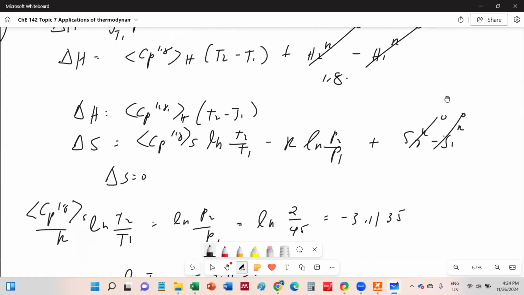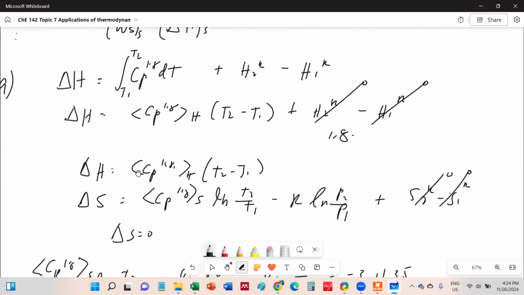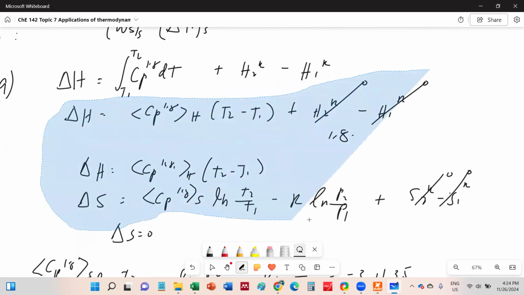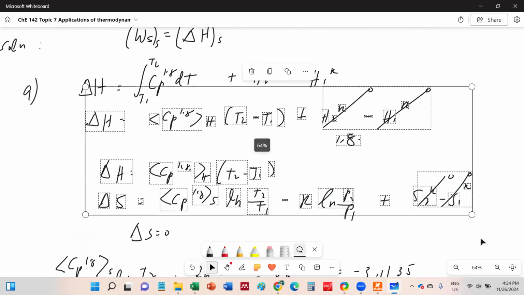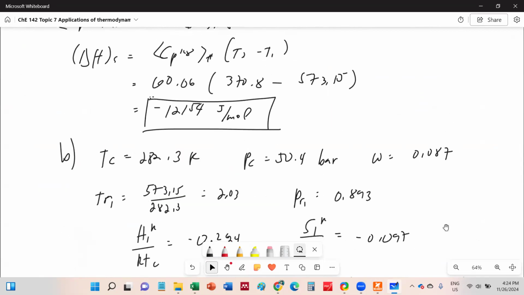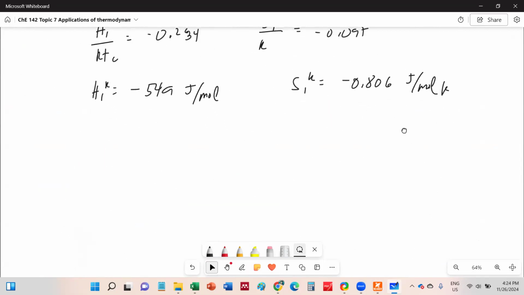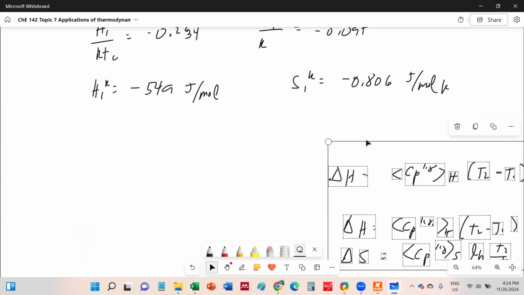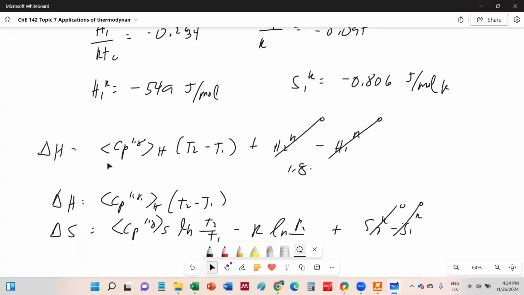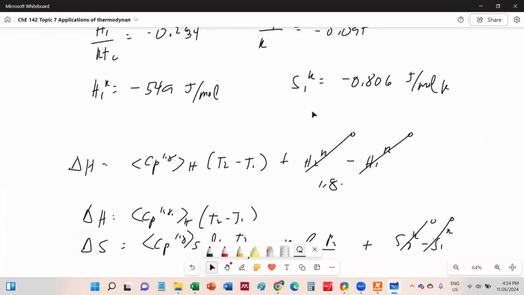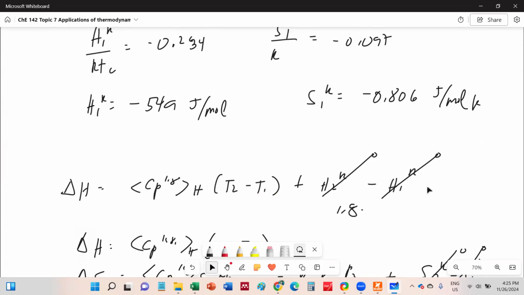Now, the reason that we did that is because this is our working equation. So let me copy paste these equations below. Okay, fixing that.